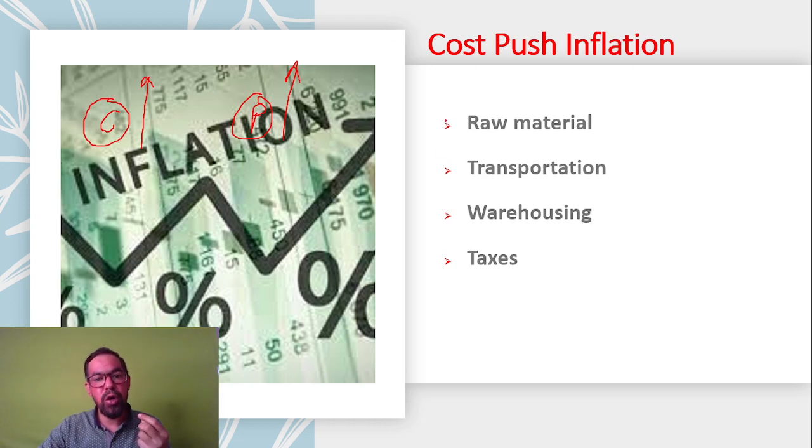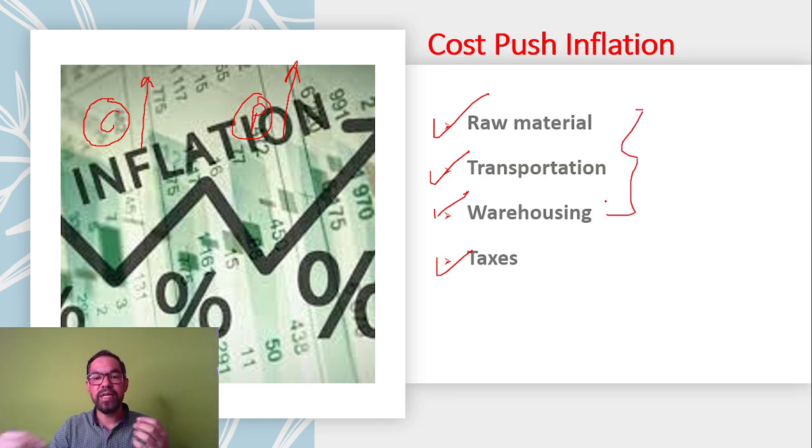Similarly, if the prices of raw material, transportation, warehousing, labor charges, government duties or government taxes increase, these are the factor costs, and that is definitely going to add on to the final price as well.